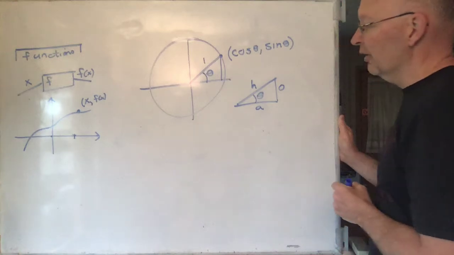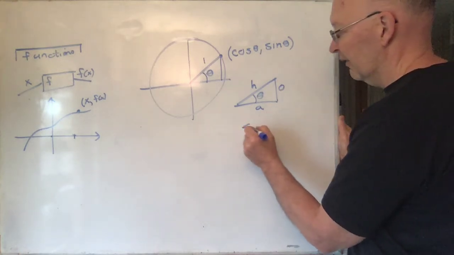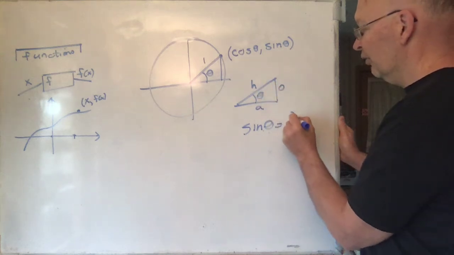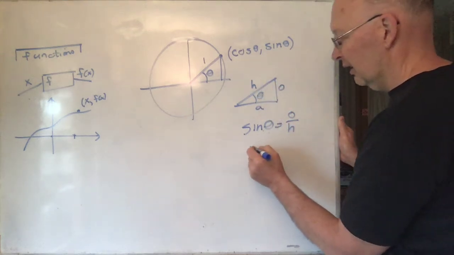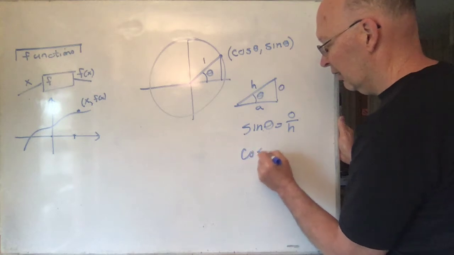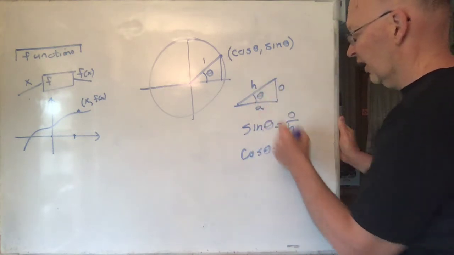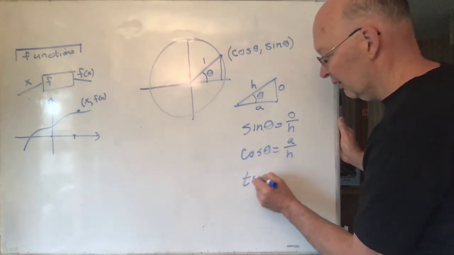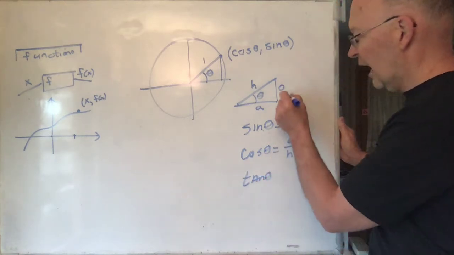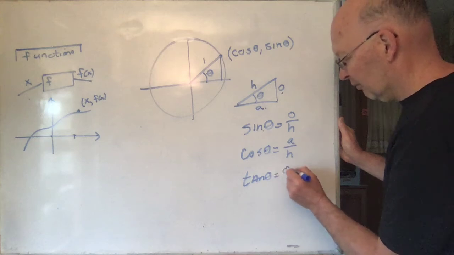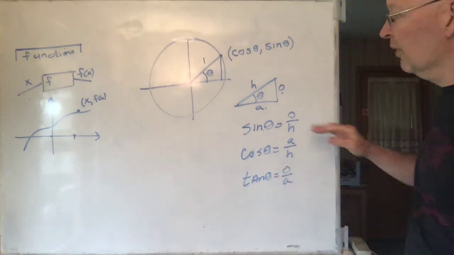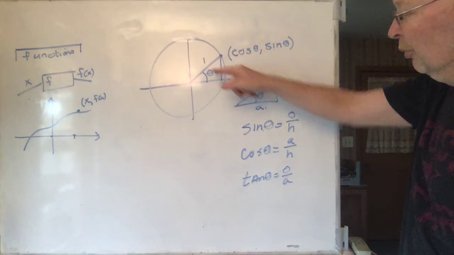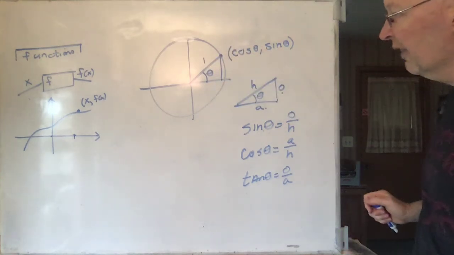And there's your hypotenuse, that the sine of theta is the opposite over the hypotenuse, and the cosine of theta is the adjacent over the hypotenuse, and the tangent of theta is the opposite over the adjacent. Okay, so those all amount to the same thing as this if you just put in the values. So that's trig.